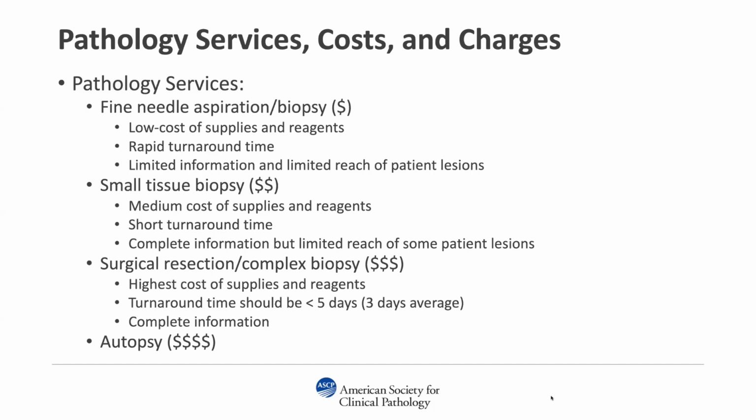So you can easily take a small tissue biopsy of a lymph node in the neck, or a lymph node in the groin, or maybe something on the skin or something in the breast. But it's hard to take a small tissue biopsy of the liver without ultrasound or some other imaging system in order to be able to take that sample safely for that patient. So it can be a little limited.